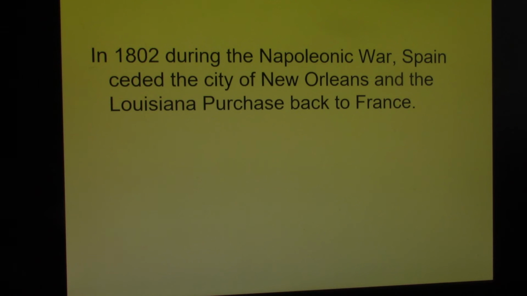Spain is going to cede the city of New Orleans, the land west of the Mississippi River, and the Mississippi River back to France. Well, remember in the last lesson we had talked about Pinckney's Treaty, and Pinckney's Treaty had said that the Mississippi River in New Orleans was a neutral river. Well, now it is not.